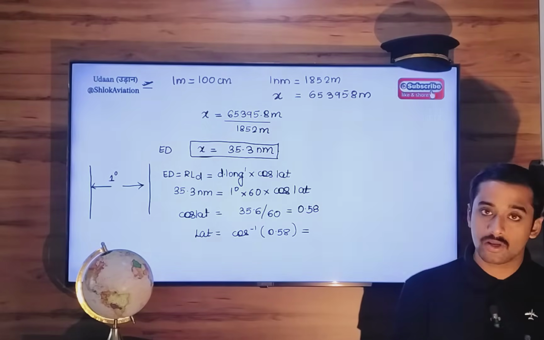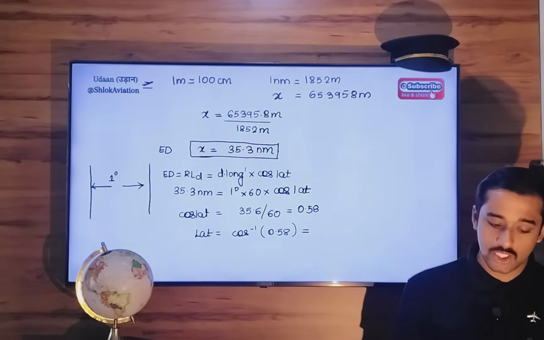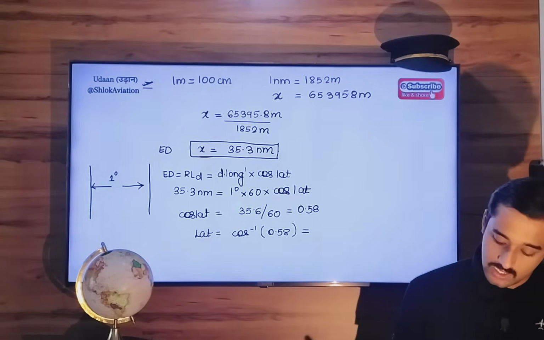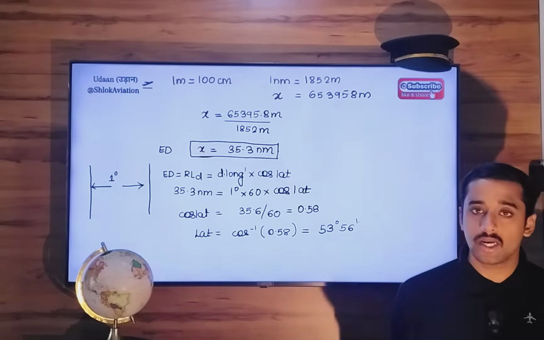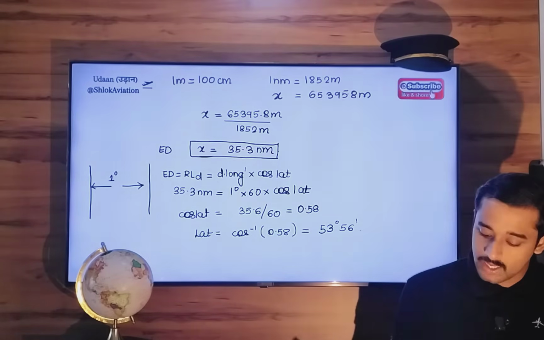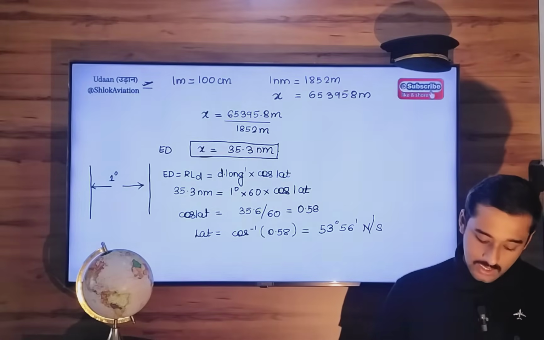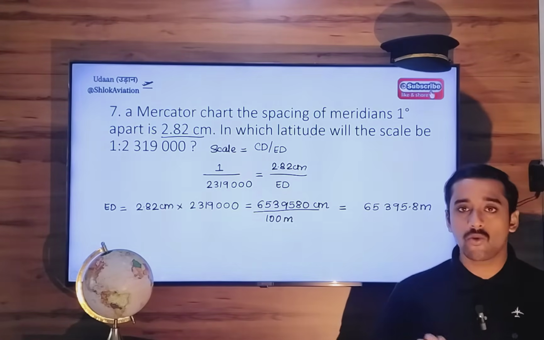How will you find that out? Press the shift button and then press the cos button. You will get the answer as 53 degree 56 minutes. So latitude is 53 degree 56 minutes or approximately 54 degree north latitude, or it can be 54 degree south latitude. So the correct answer is 53, 54 degree.